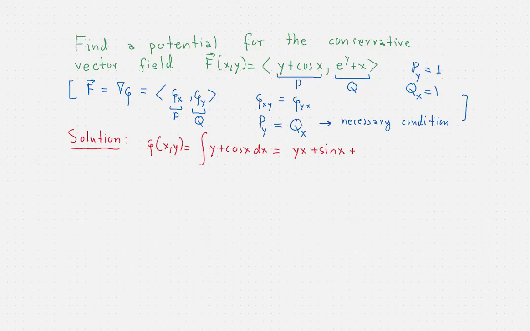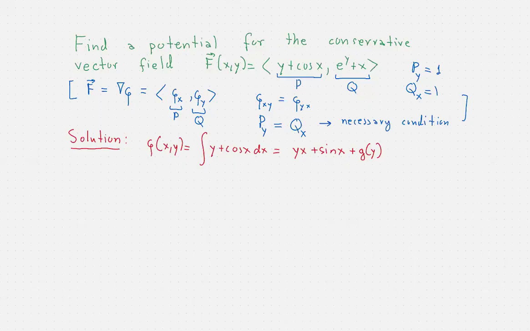So we can certainly allow ourselves to have a full function of y, and the derivative with respect to x would be the correct one. But more importantly, this flexibility of choosing this function of y will ensure that not only the partial derivative with respect to x coincides with the first component, but also the partial derivative with respect to y coincides with the second component, and that's what will help us pin down this function.